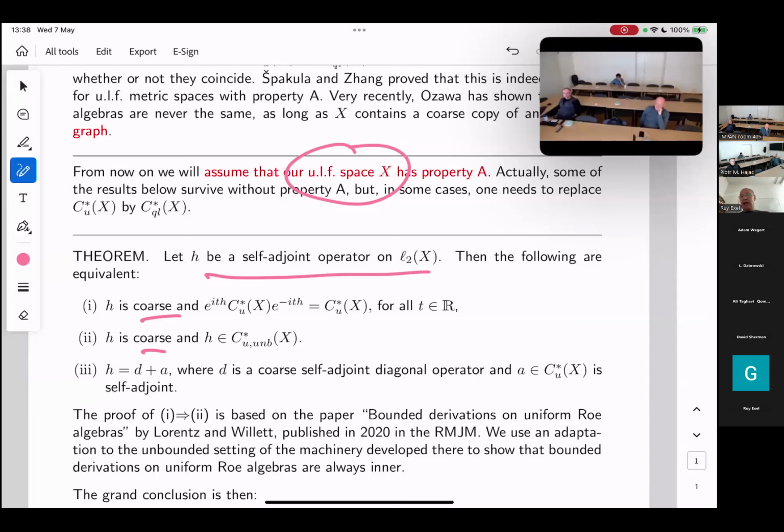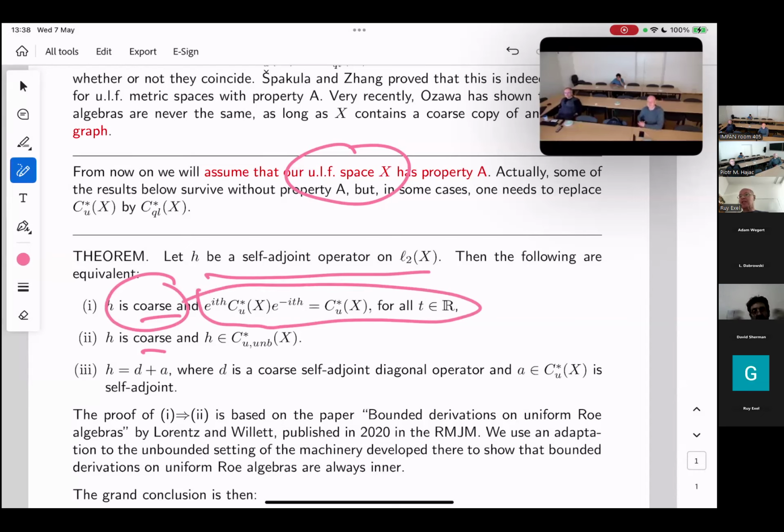So condition 1 says that H is coarse, and question A is answered yes, right? Condition B says that H is coarse, and H is morally an element of our algebra.